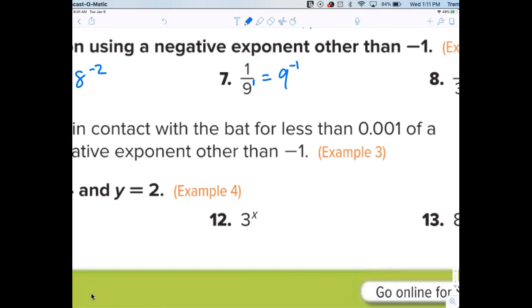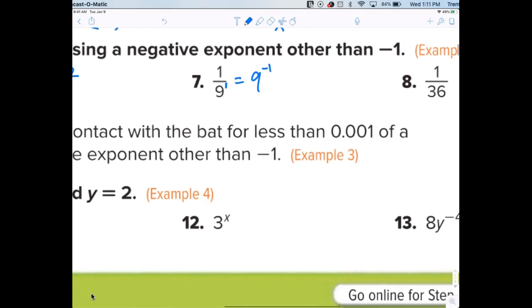Do you agree with me? 9 is 3 squared. So we could write this as 1 over 3 squared, which you could also write as 3 to the negative 2. Now on your test, if you wrote 9 to the negative 1, I'd be happy. You hear me on that? All right. But I think the answer in the book tonight, if you check your answers, I think they'll have 3 to the negative 2.